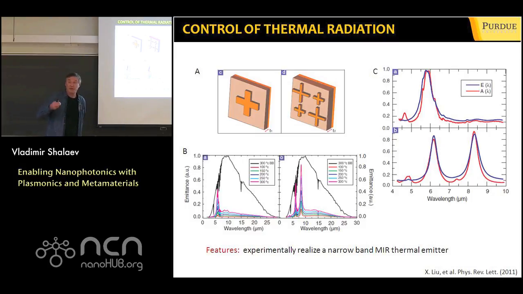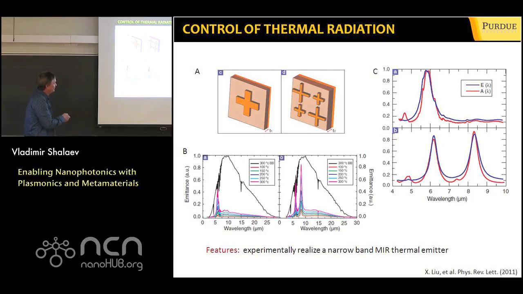So you know that according to Kirchhoff's law, emissivity is equal to absorptivity, and they match each other. When you have this single resonance structure, you could compare it at different temperatures.